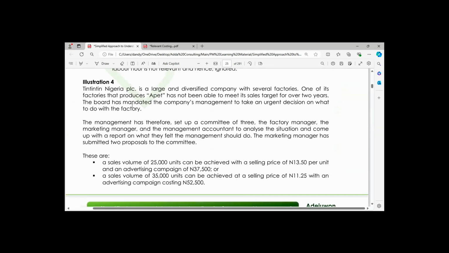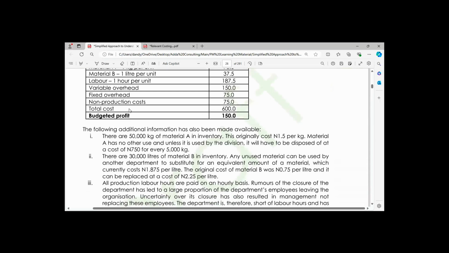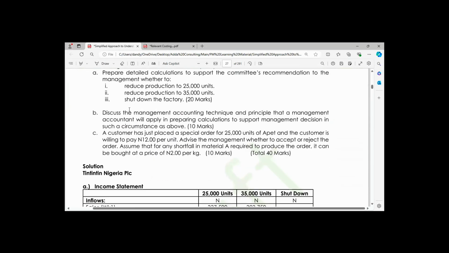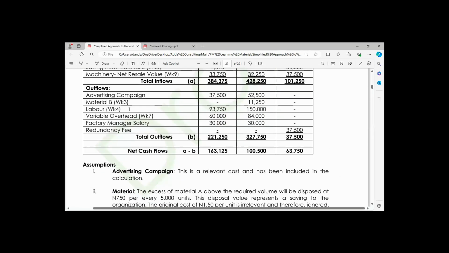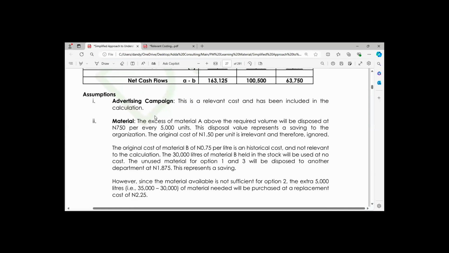In this one, it is called Tintin Nigeria Limited. I believe you are seeing the assumption I'm displaying for you. Yes, sir. So this is how you are supposed to state your assumption, which is similar to what we did in the class last week.